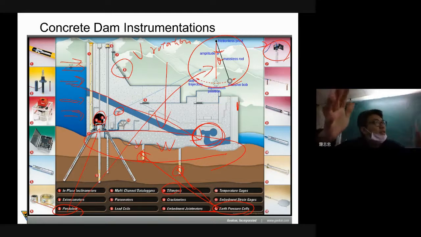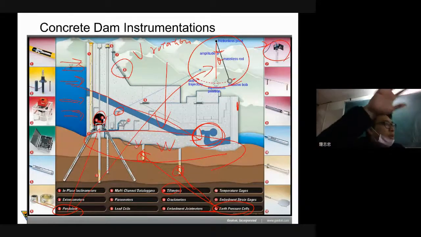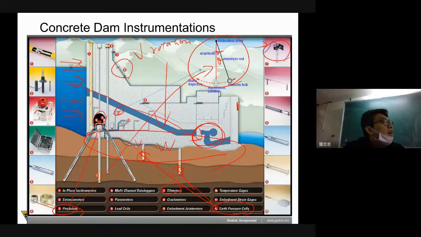Nearby, you can find some ice cream stores, because during the construction period, the Taipower company bought so many ice machines to cool down the temperature of the concrete.